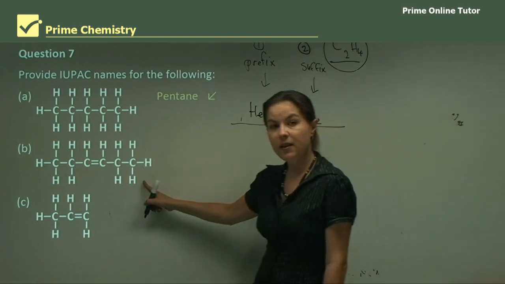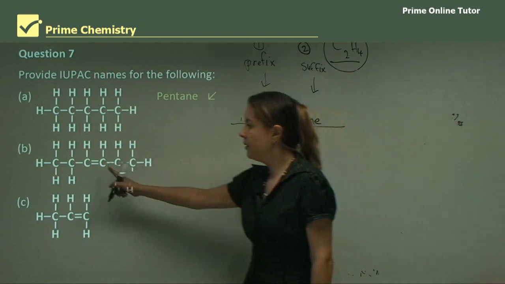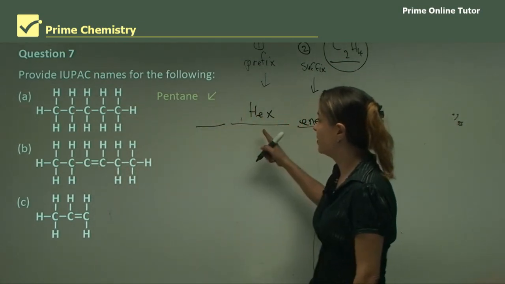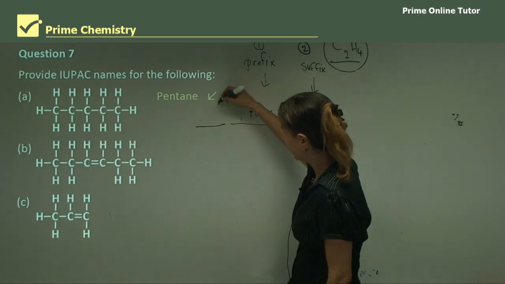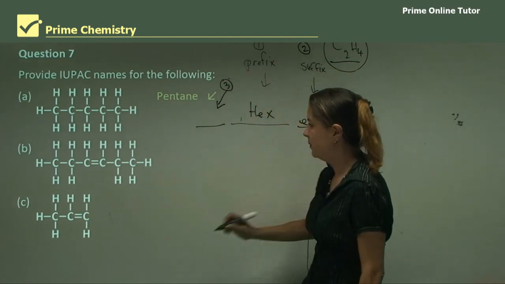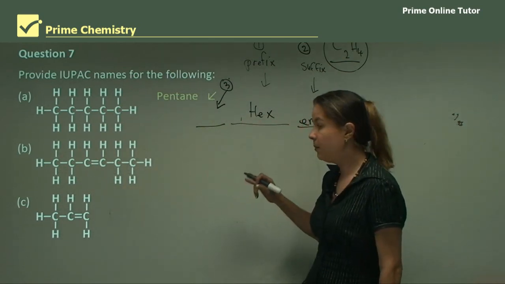But it doesn't end here. With alkenes and alkynes, you have to look at where the double or triple bond is, because that's important for what goes at the start of the name of the molecule. So this will be part 3, for double and triple bonds only. So now what we do is we count in between the carbon-carbon bonds.